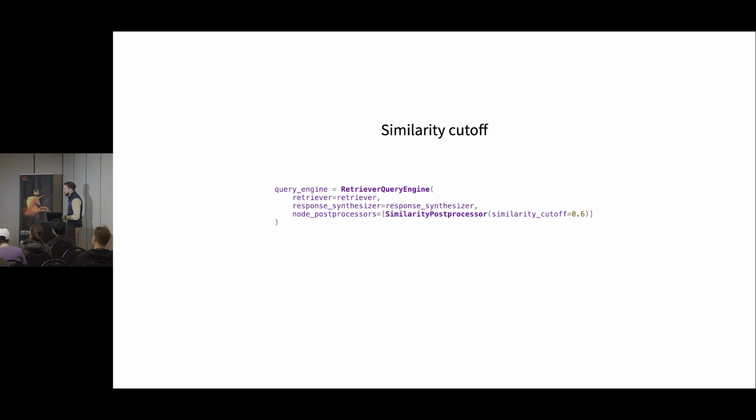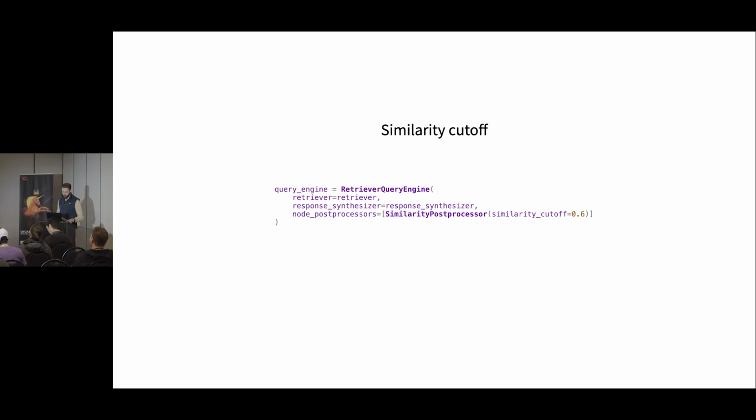But then we could also do some post-processing. We could say, hey, we got those chunks, but not all of them are super relevant. So we want a similarity cutoff of, in this case, 0.6. It could be any value from 0 to 1, basically.